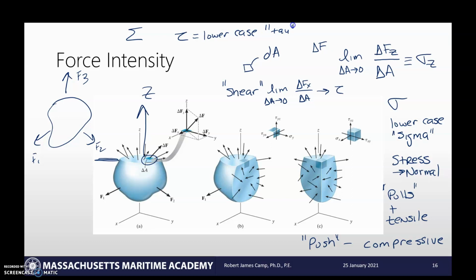And with our shear stresses, we actually denote them as what plane it's on and then what direction it's operating in. So this would be the shear stress on the z-plane operating the x direction. And if we do the same thing, if we take the limit of this, of Fy, we would end up with a tau zy. And so we'll talk a lot more about shear in its own section. We're really going to be only going on with normal stresses currently.